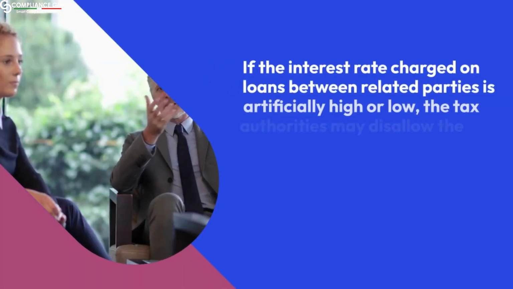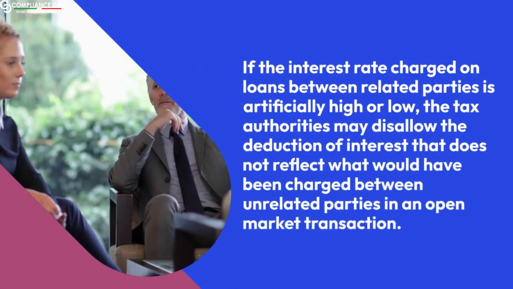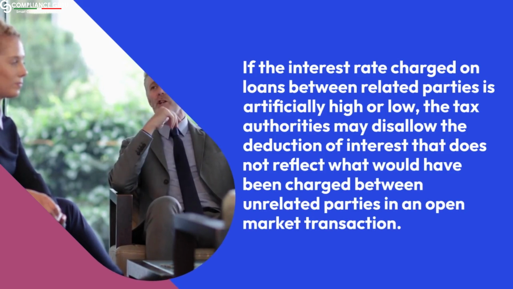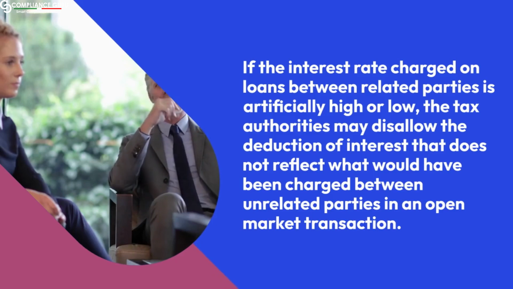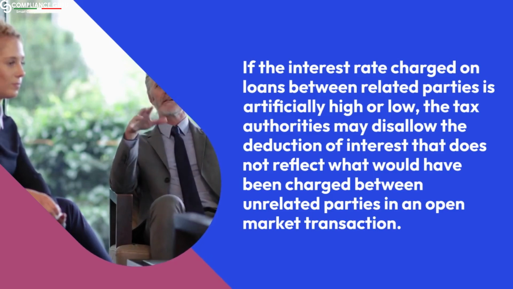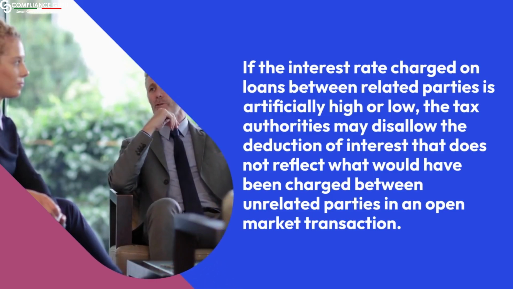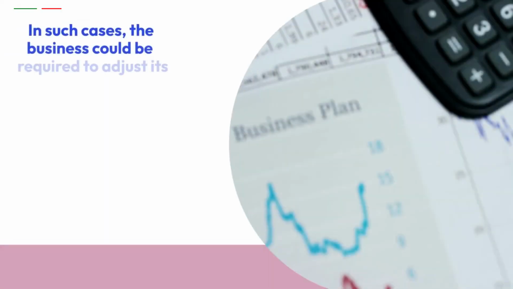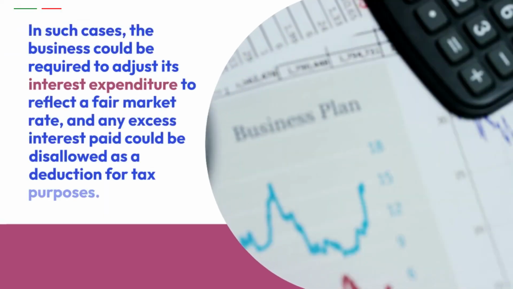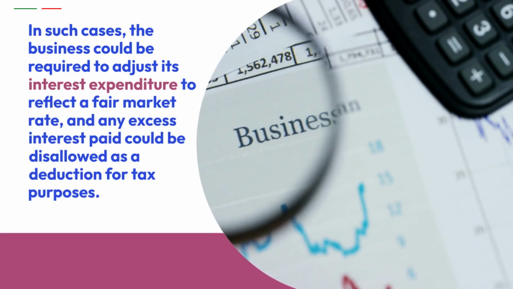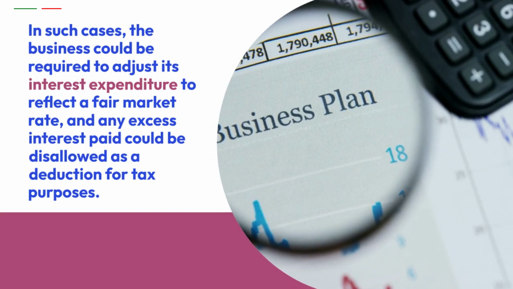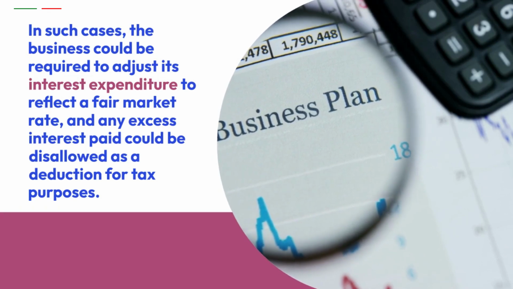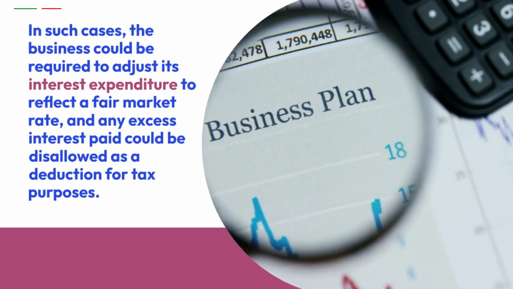If the interest rate charged on loans between related parties is artificially high or low, the tax authorities may disallow the deduction of interest that does not reflect what would have been charged between unrelated parties in an open market transaction. In such cases, the business could be required to adjust its interest expenditure to reflect a fair market rate, and any excess interest paid could be disallowed as a deduction for tax purposes.